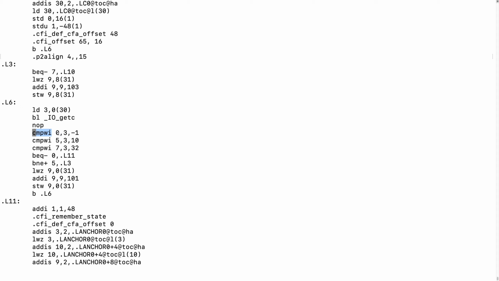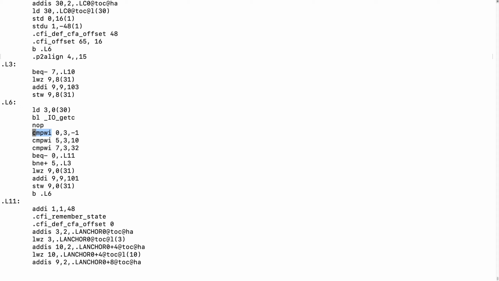Now this 0, 5 and 7, if you recall from the lecture about the Power architecture, there are 8 4-bit fields which contain the result of comparisons. So this 0, 5 and 7 indicate which such field should be written.